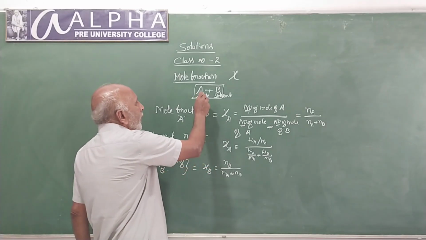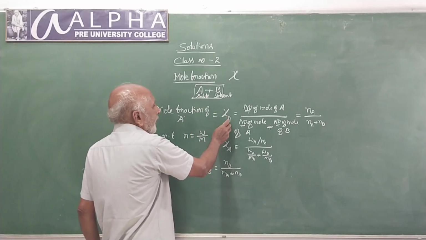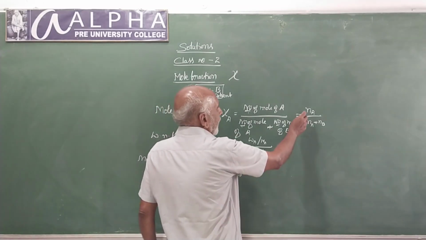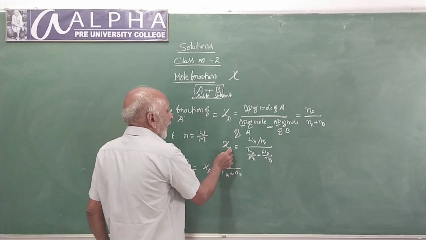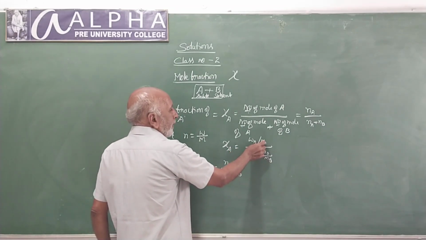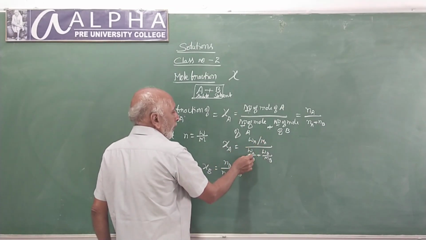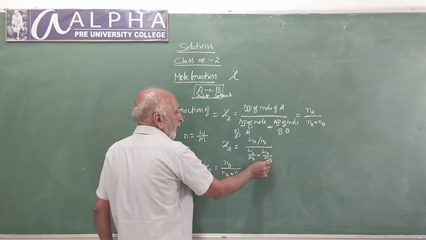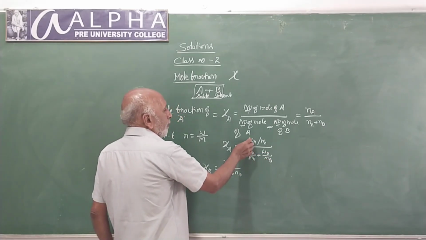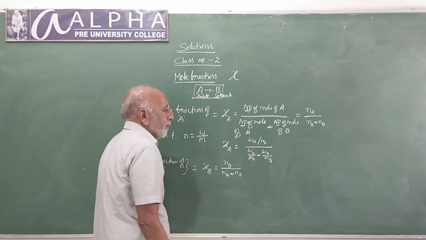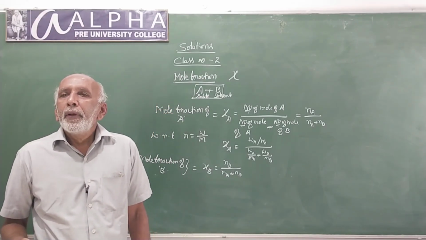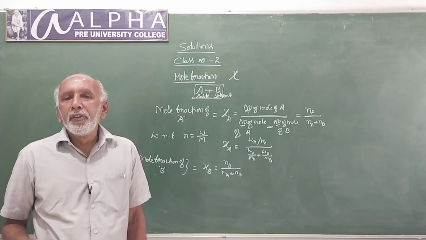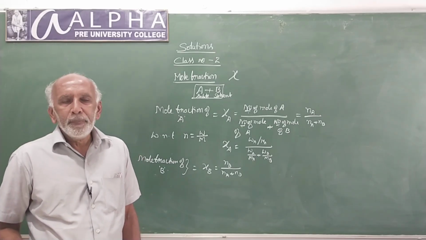So, mole fraction of the solute A can be written as Na by Na plus Nb, or chi A is equal to Wa by Ma whole over Wa by Ma plus Wb by Mb. Here Wa and Wb are nothing but masses of solute and solvent in the solution.